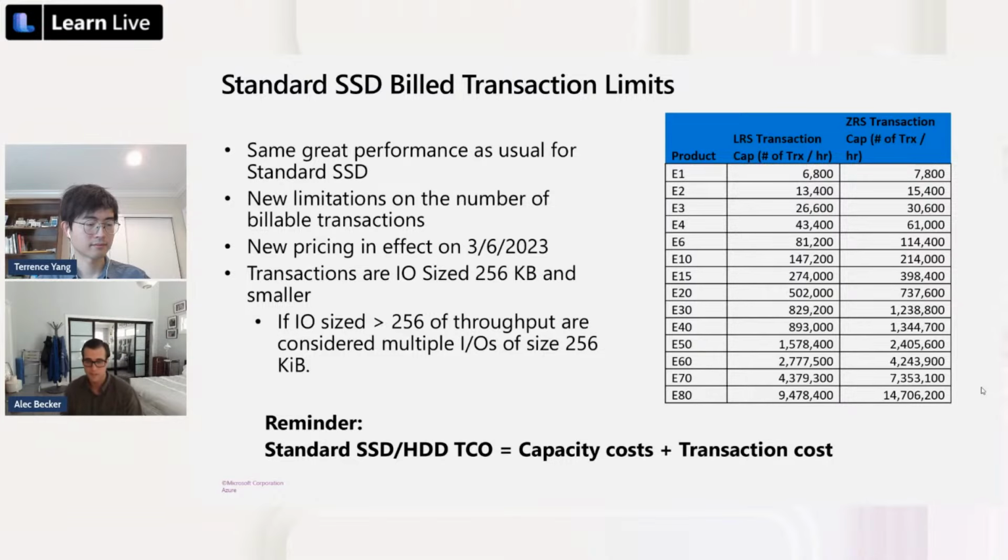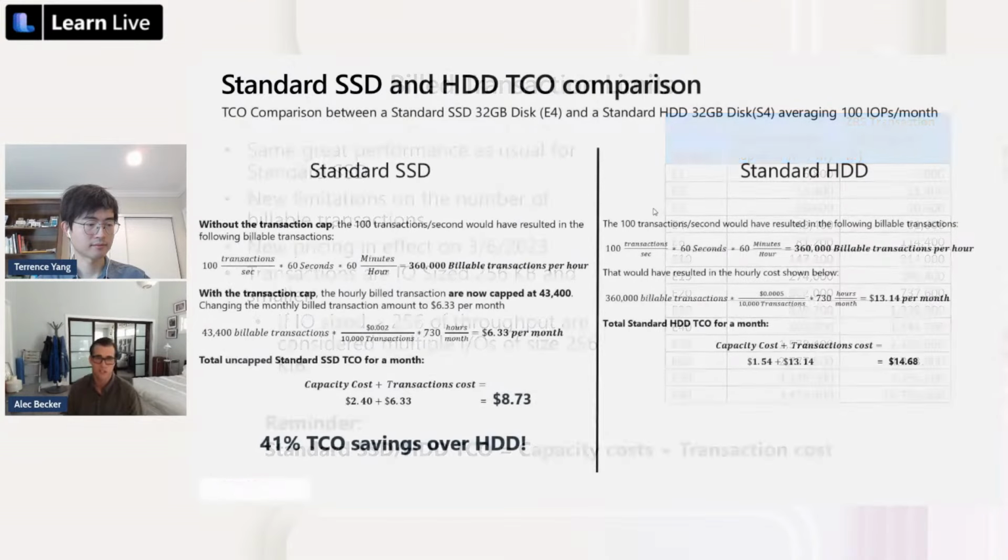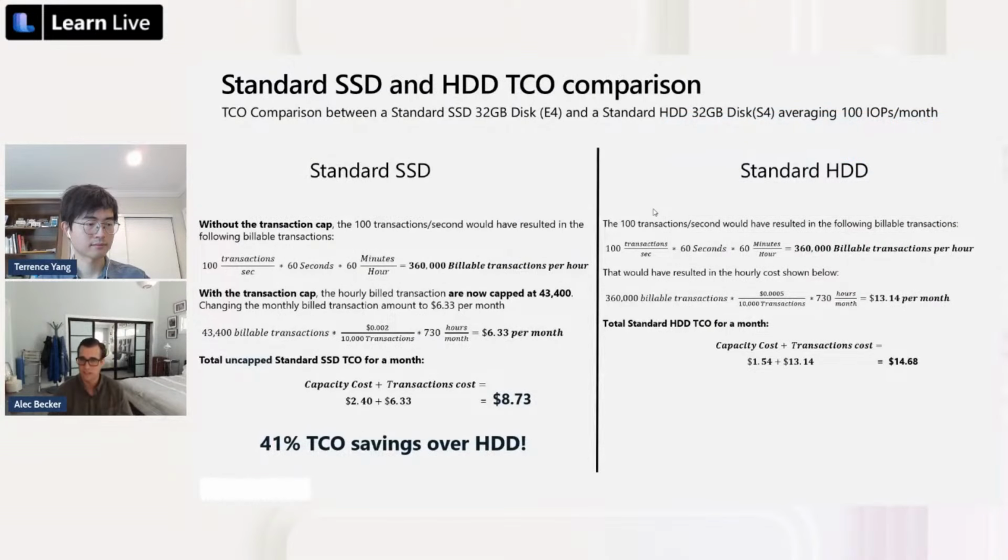So cool. Let's get into an example of how billing compares between our standard SSD, which has the billing cap in place, and the standard HDD, which does not have the billing cap in place. In this example, I'm going to do a comparison between a 32 gigabyte disk for the standard SSD, that's an E4, and for a standard HDD, that's an S4.